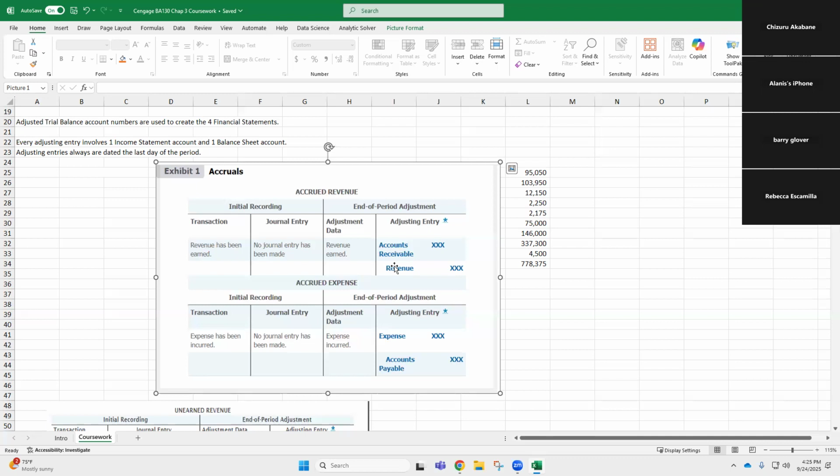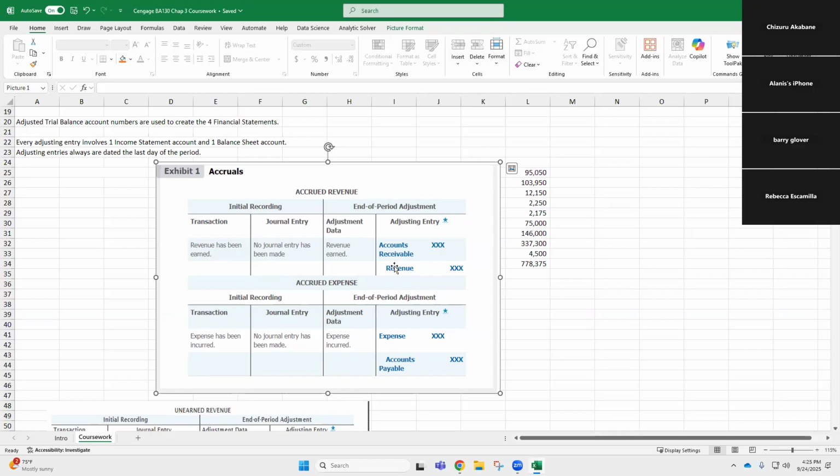Every adjusting entry affects one balance sheet account and one income statement account.